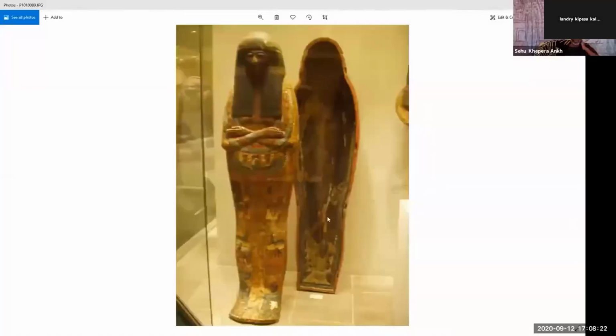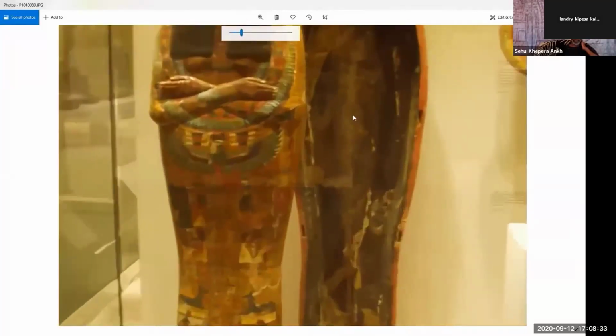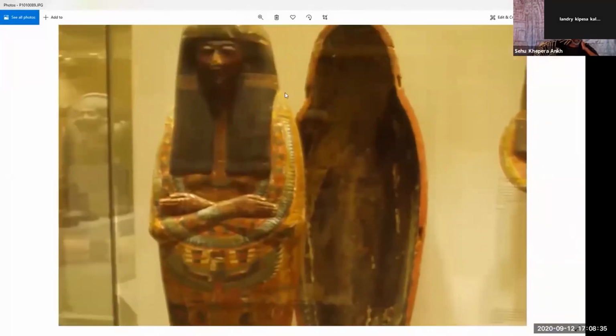This is how it looks empty when the body's taken out. This is a female personality. You see how the body's not in, but you can see the bottom. And sometimes you have text on the inside. And what you're looking at on the outside is the idealized image of the person that was resting in here. It's a female personality.